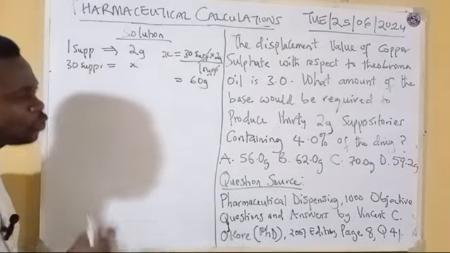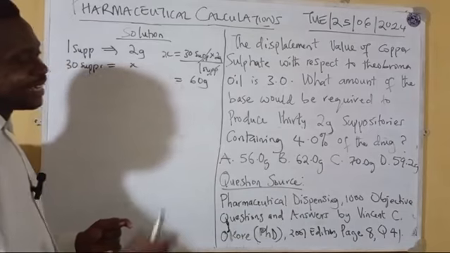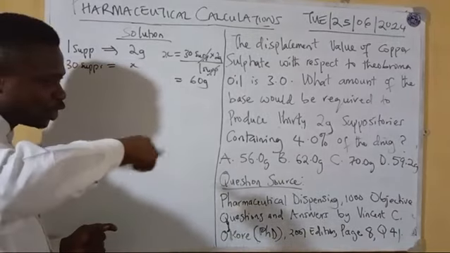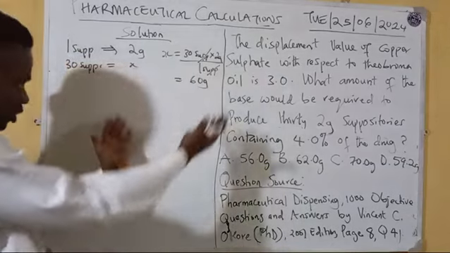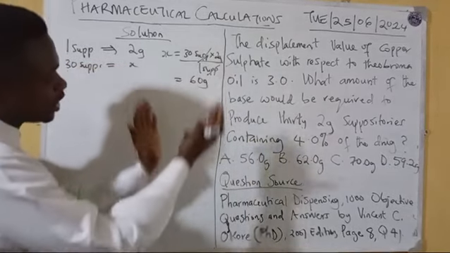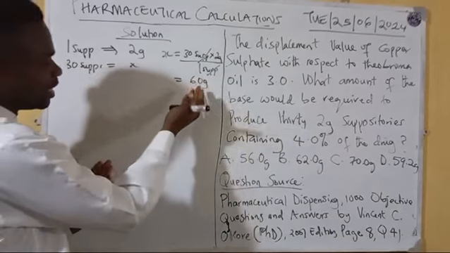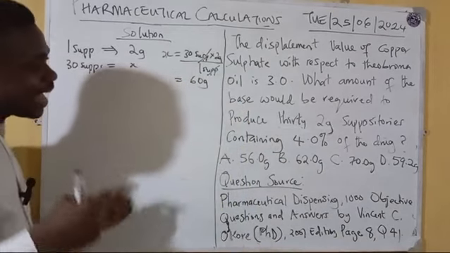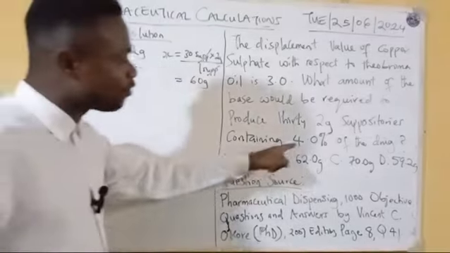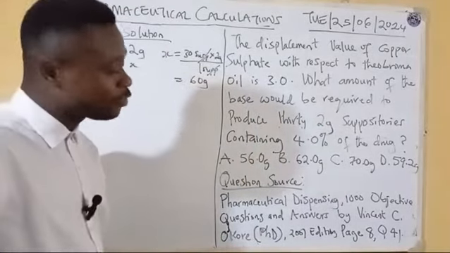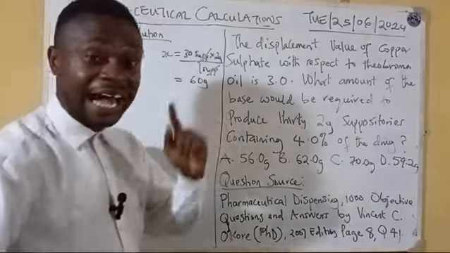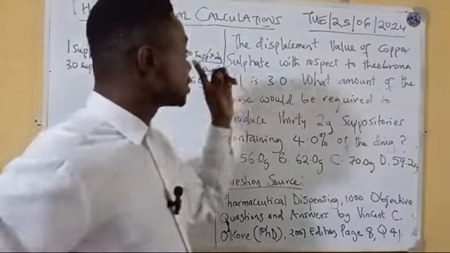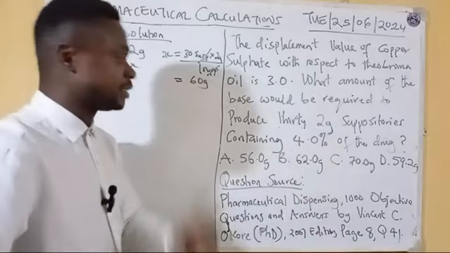But we are told that inside the mixture that gives you the 60 grams, the amount of the drug is 4%. The amount of the drug itself, the active ingredient, which is copper sulfate, is 4%.